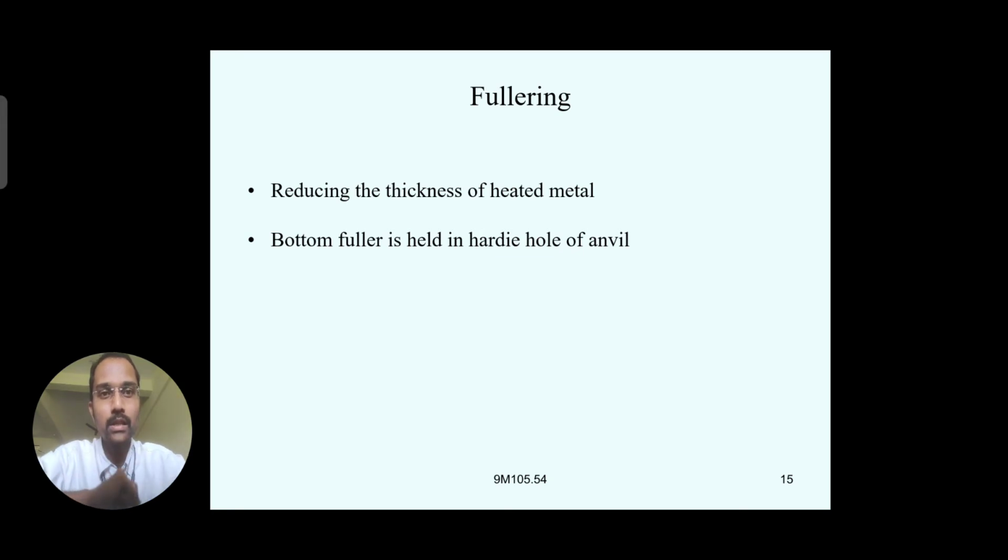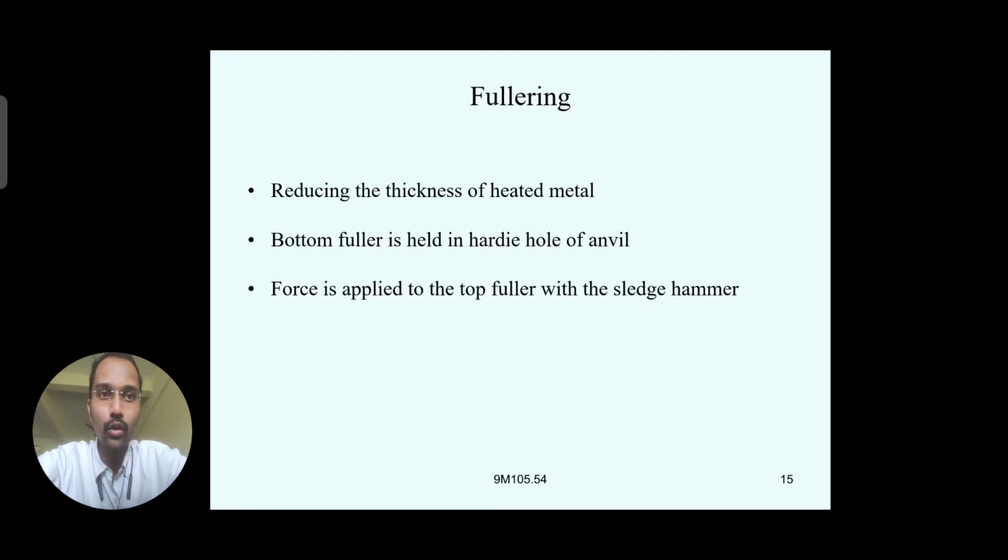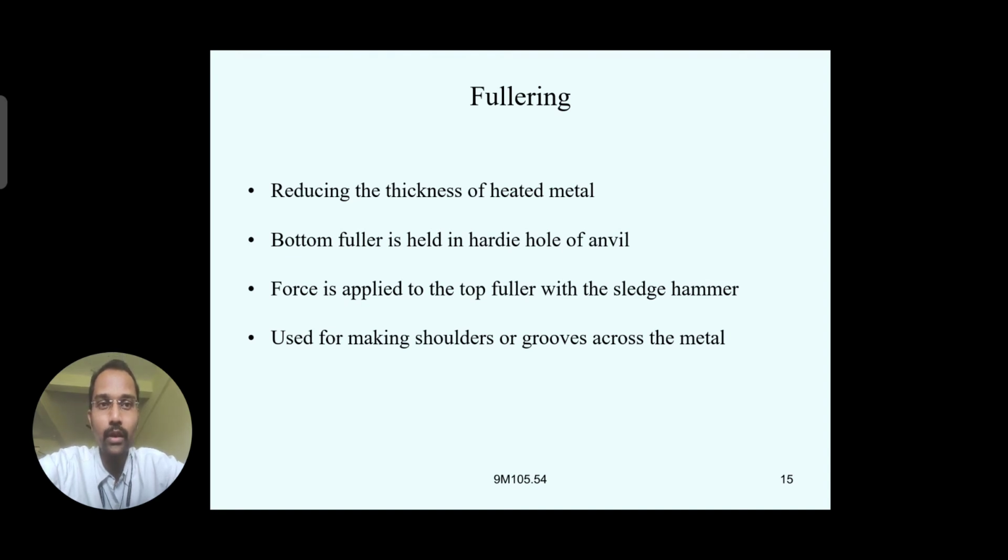By applying the hammering action, a groove, keyway or slot, or a necking operation reducing the cross section, can be done with the help of this fuller. Whatever operation is carried out is the fullering operation. Generally we prefer it for making grooves or reducing cross sections.